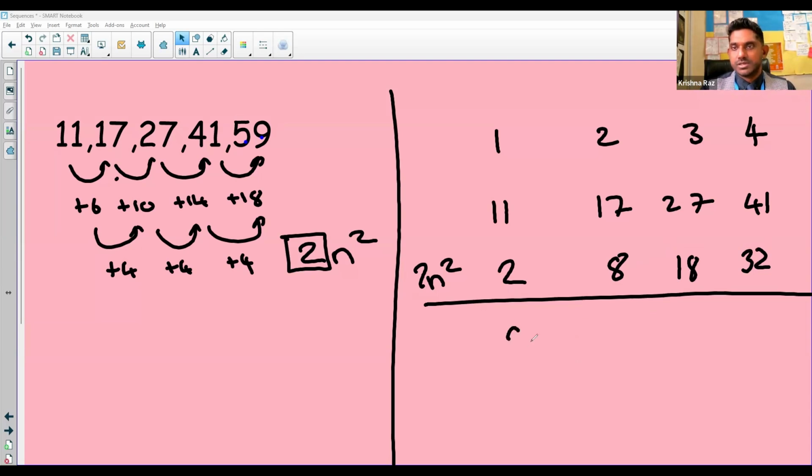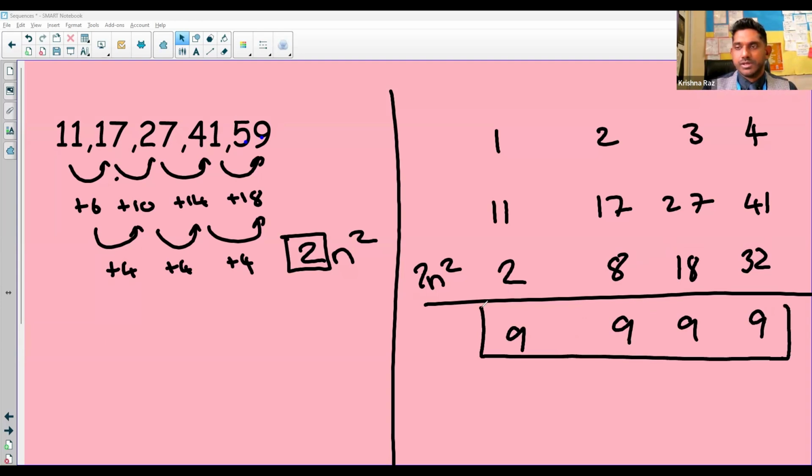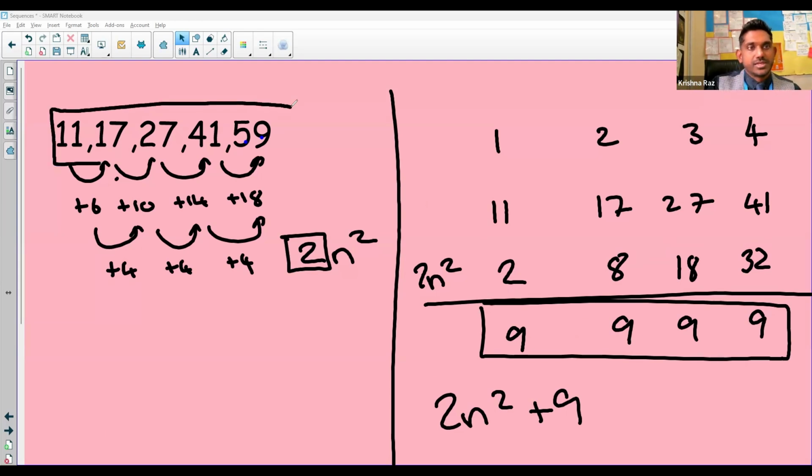Find the difference. 9, 9, 9, 9. Job done. So the answer is 2n squared plus 9, because if we add 9 to 2n squared, we get the sequence that was in the question.